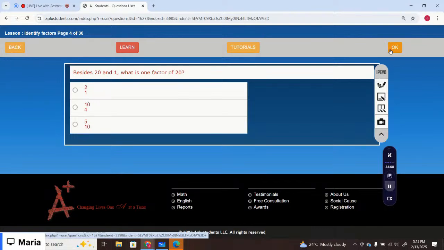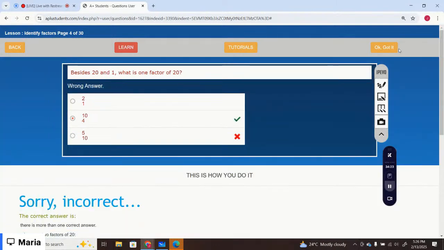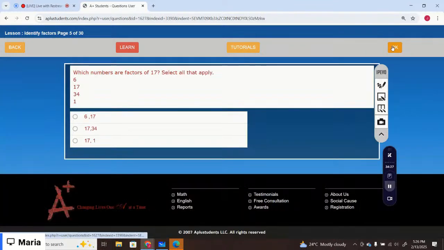Besides 20 and 1, which is one factor of 20? 5 and 10. Which numbers are factors of 17?